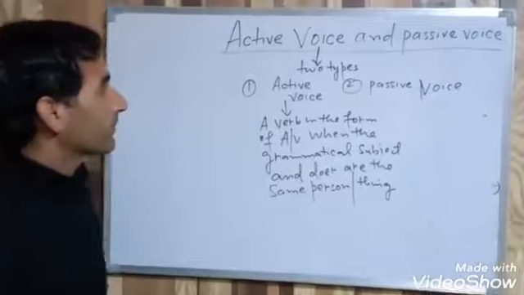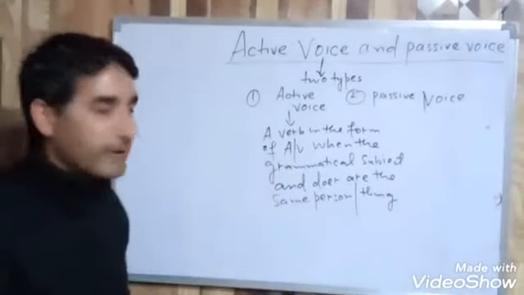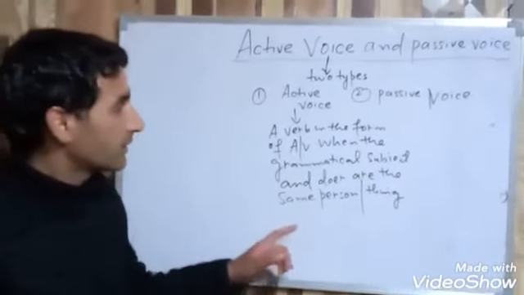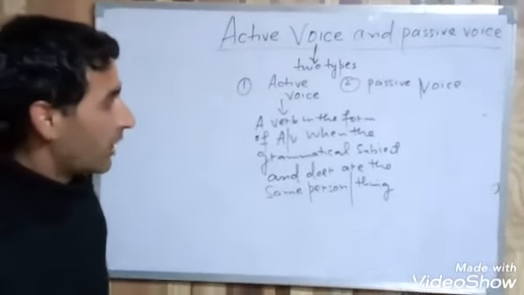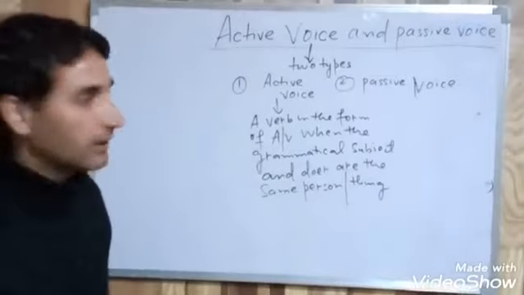So we can say a verb is in the form of active voice when the grammatical subject and the doer are the same person or thing.